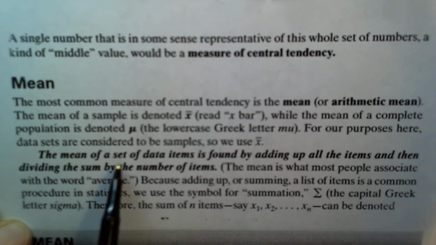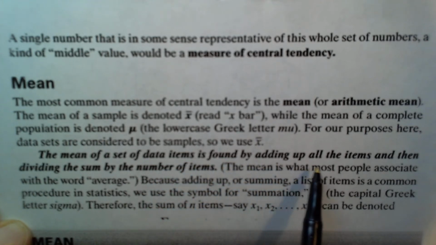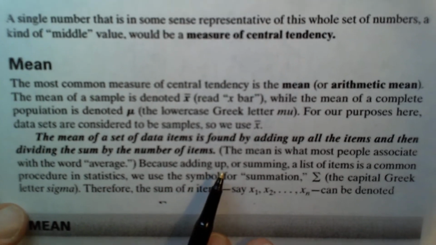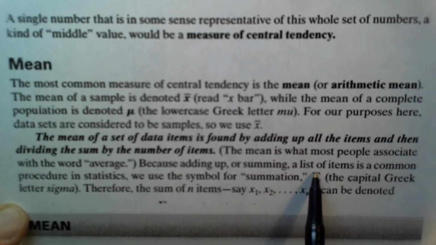So the mean of a set of data items is found by adding up all the values, all the terms, and then dividing the sum by the number of items. Again, that's what most people associate with the word average. Because adding up or summing a list of items is a common procedure in statistics, we use a symbol for summation that looks like this.